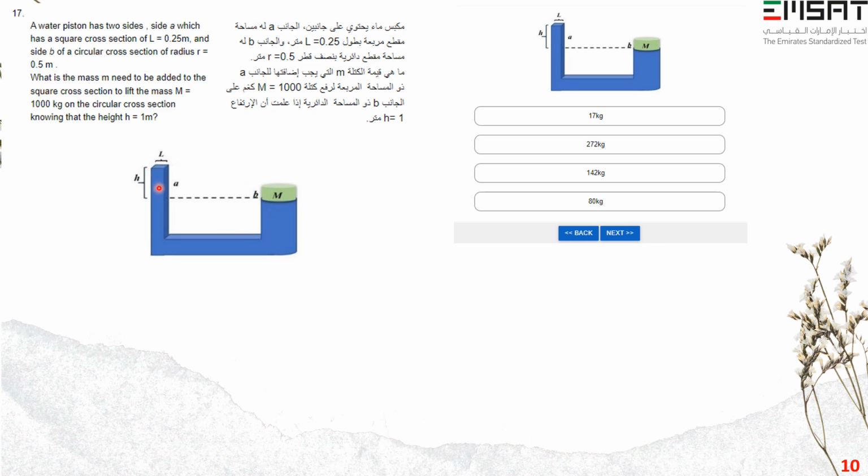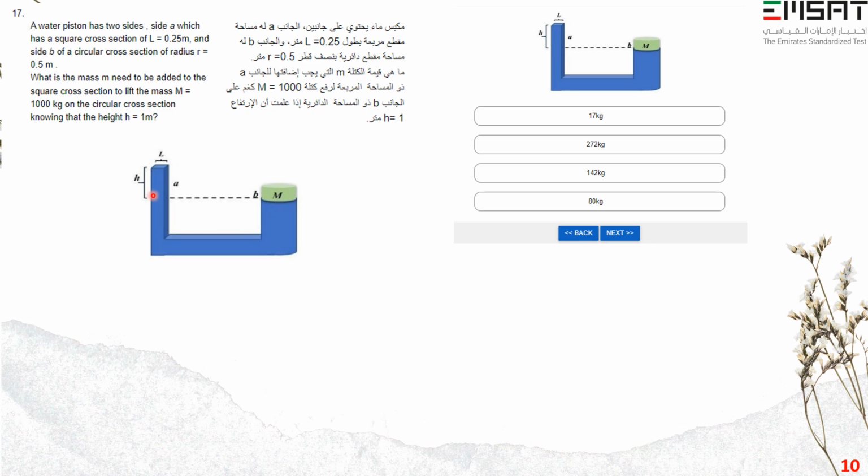So we have a piston. We already put a mass M here, so we need to make a balance in that piston by adding some mass on the other side. So what will be the mass that needs to be added on this side?